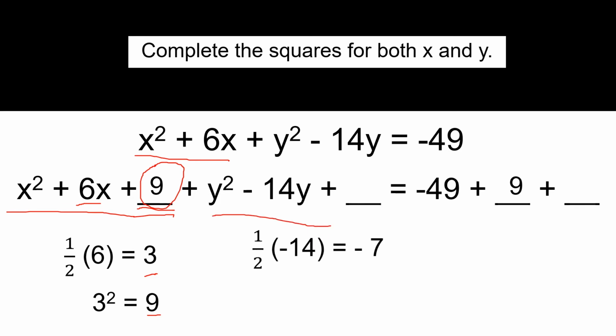So, yung second term, we have negative 14. Again, kukunin natin yung kalahati niya. So, 1/2 of negative 14 is equal to negative 7. Then, we're going to raise negative 7 to the power of 2. So, we will have positive 49. So, ilalagay natin si positive 49 sa left side and another positive 49 sa right side.